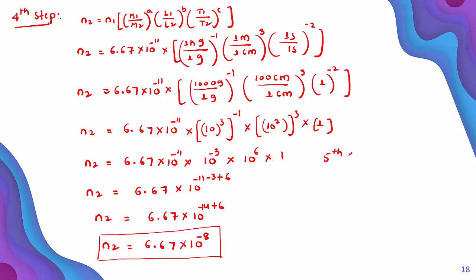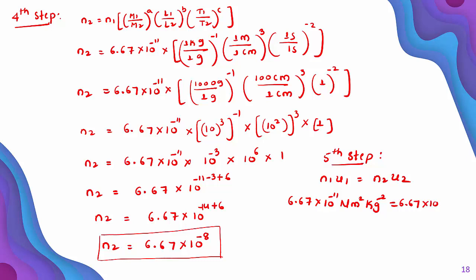Now we can write the last step, the fifth step, that is N1 U1 is equal to N2 U2. Substitute the values. N1 is 6.67 into 10 raised to minus 11 Newton meter square per kg square, equal to the N2 value we got, 6.67 into 10 raised to minus 8. What is the unit?